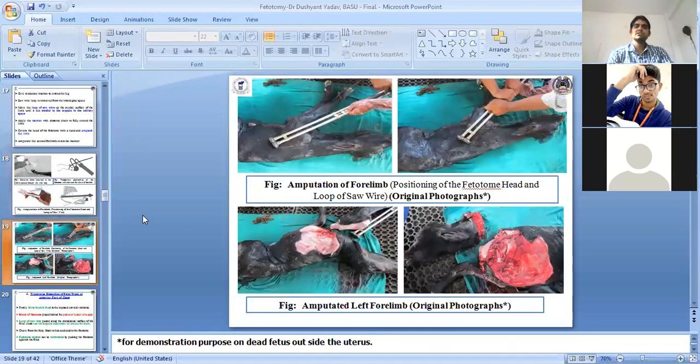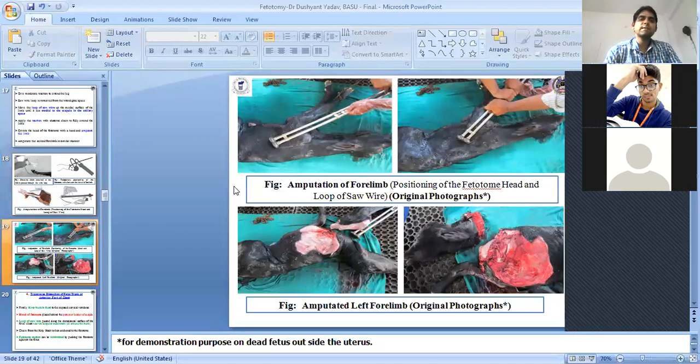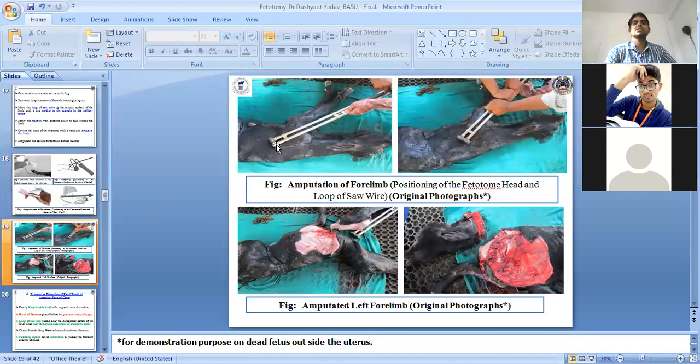In this figure, I think you can see clearly the position of the head of the fetotome posterior to the scapula, and there is an obstetrical chain which anchors the leg, and this is the wire shaft. The wire shaft automatically takes a medial position.